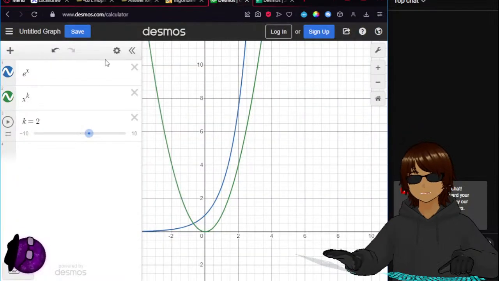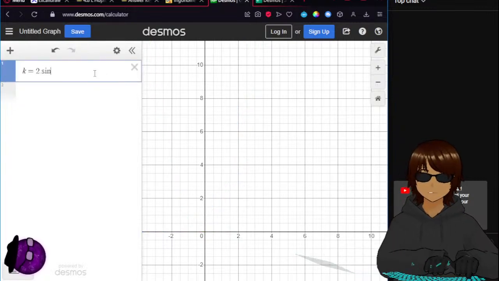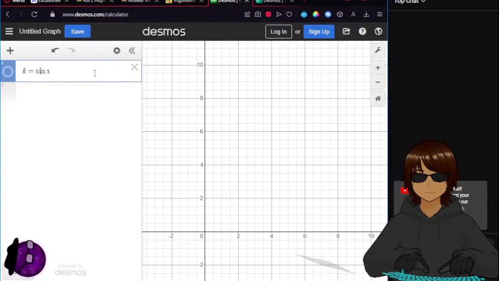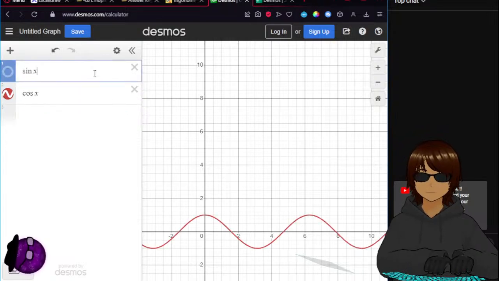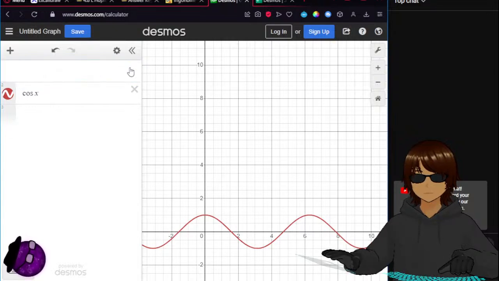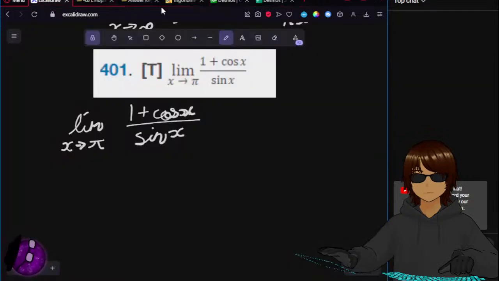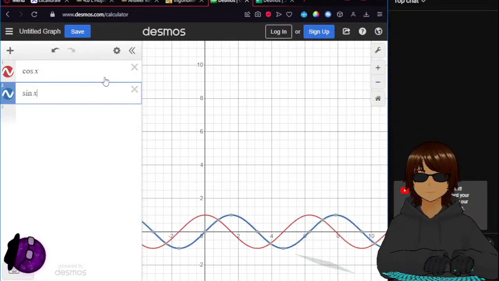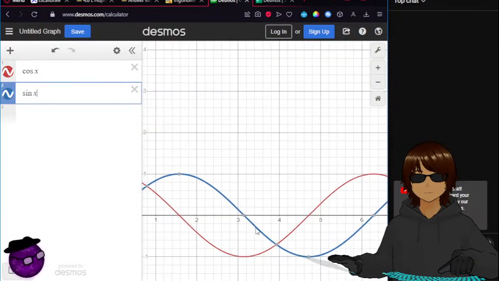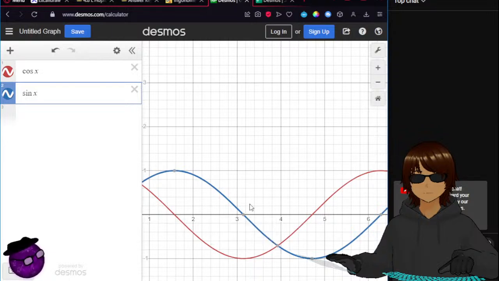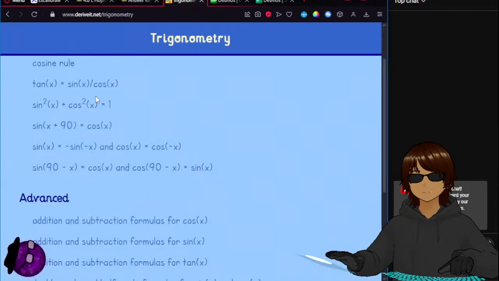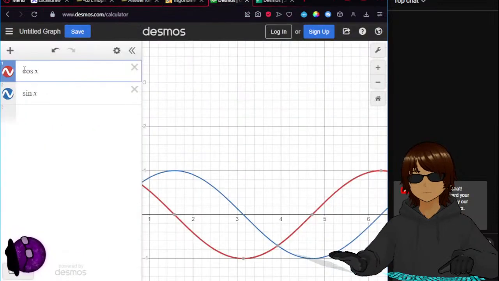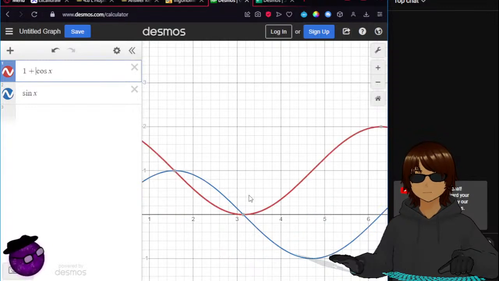And it goes to pi. So 1 plus cos x and sine x go to 0 and -1. This is 1 plus cos x. So it's 0 and 0.